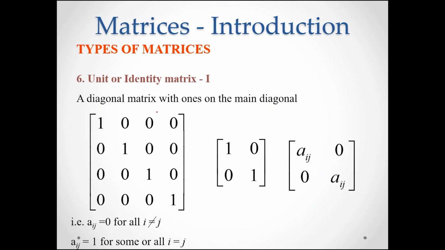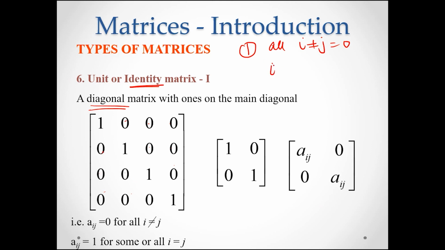Now, there are specific types of diagonal matrix, and the most commonly used is your identity matrix. In this diagonal matrix, so when I say diagonal, what is the first condition? That it has to have all entries where i is not equal to j equal to 0. Right? So the outside part has to be all 0, right?